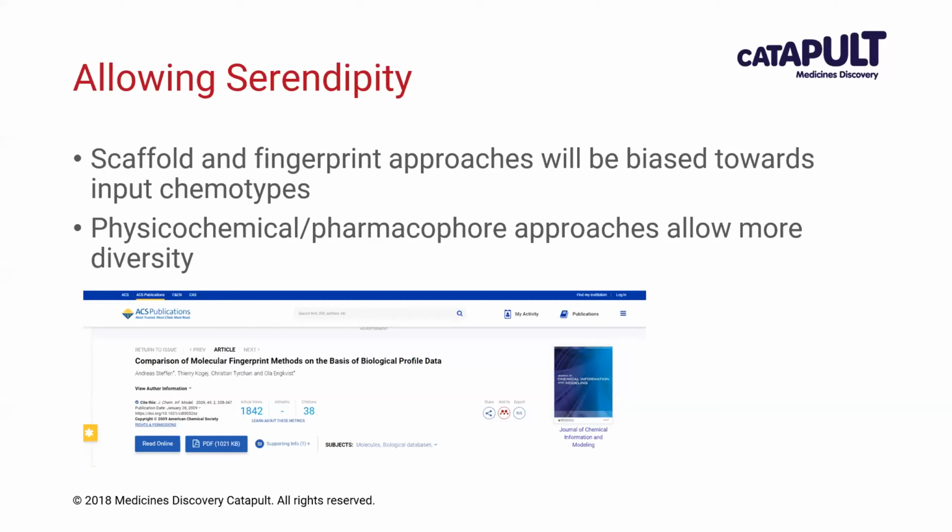But there are approaches that are more dependent on the physicochemical properties and pharmacophore properties of the molecules. So this is an AstraZeneca paper a few years back now, where they demonstrated the effectiveness of using fingerprints that combine these pharmacophore and physicochemical approaches, being rather less directed towards explicit substructures. Those will allow a bit more diversity in the library that you then get.